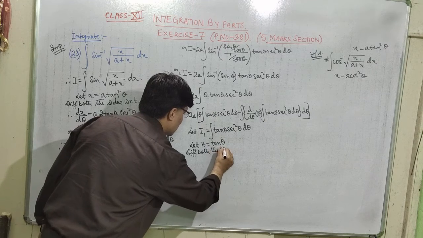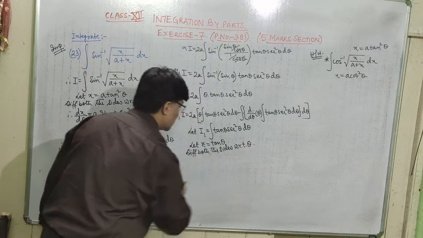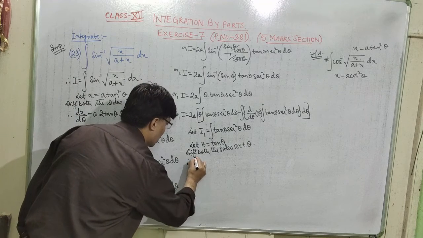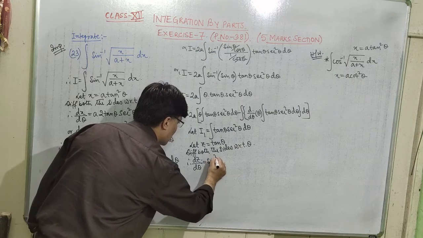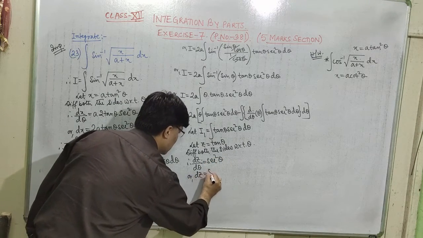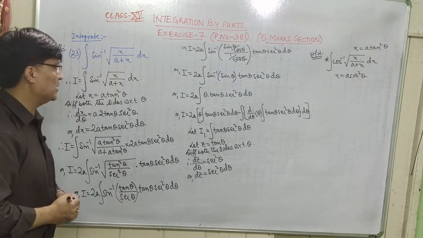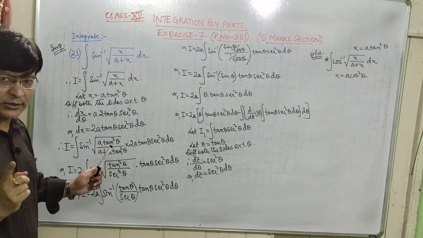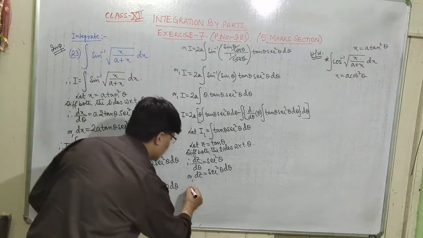Therefore, dz by d theta is equal to sec square theta. Now let us cross multiply it. dz is equal to sec square theta d theta. Understood?